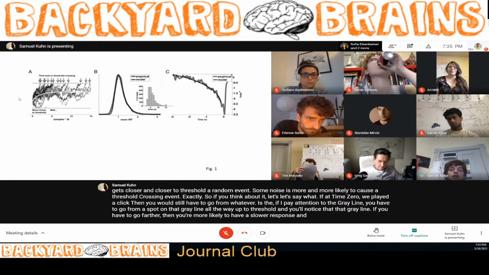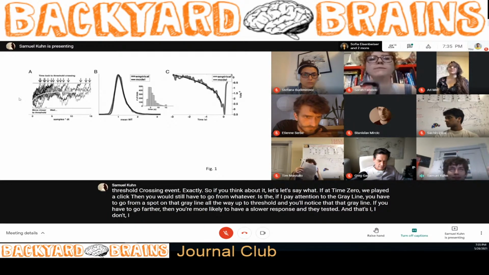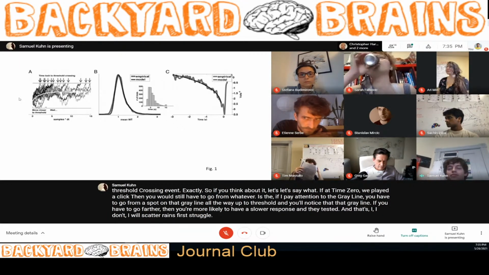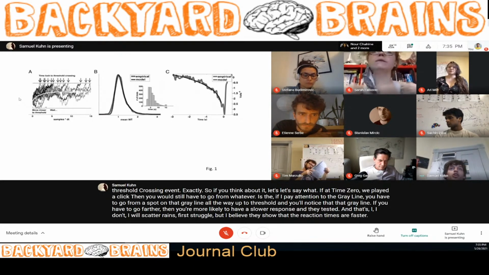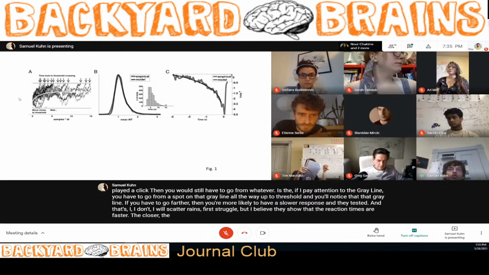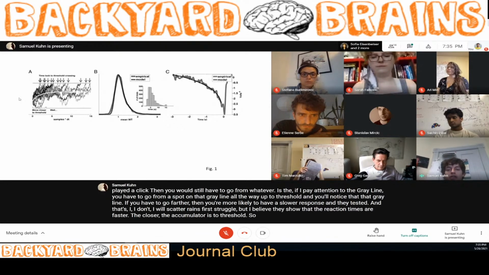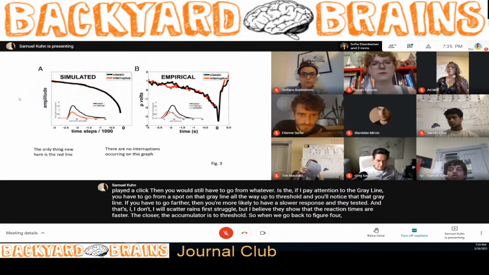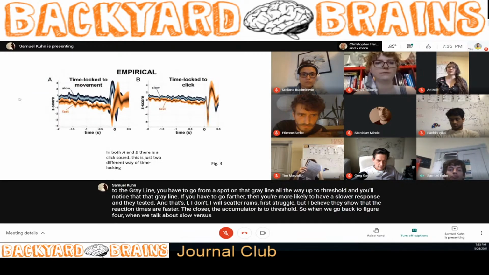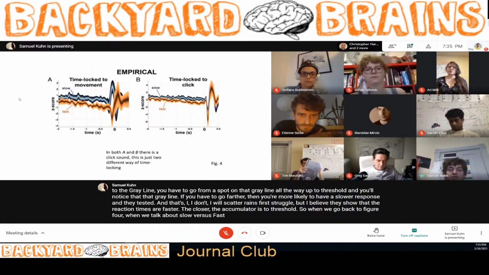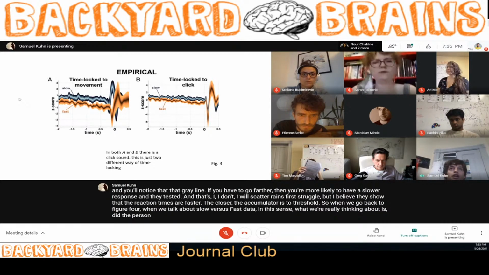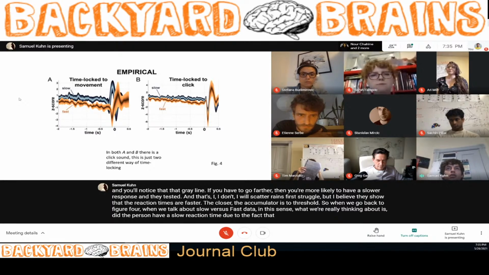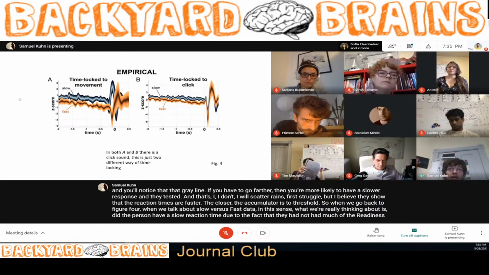And they tested that, and I believe they show that the reaction times are faster the closer the accumulator is to threshold. So when we go back to figure 4 and talk about slow versus fast data, what we're really thinking about is, did the person have a slow reaction time due to the fact that they had not had much of the readiness potential accumulated?